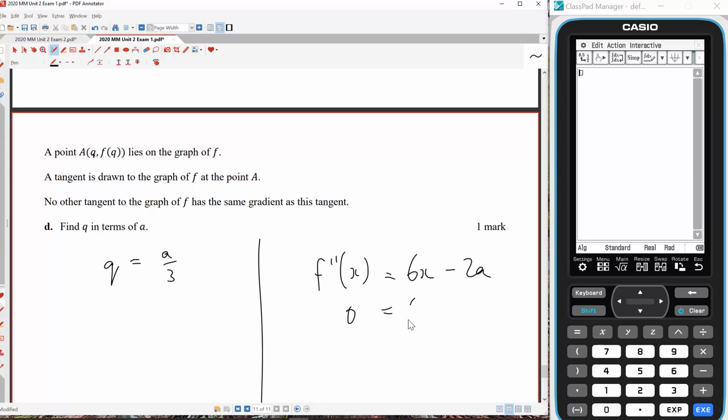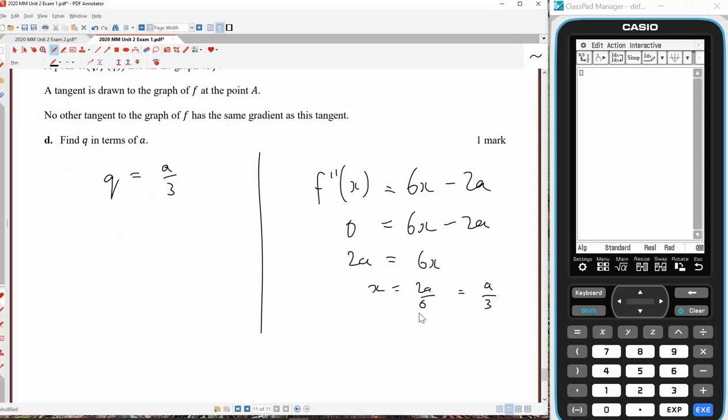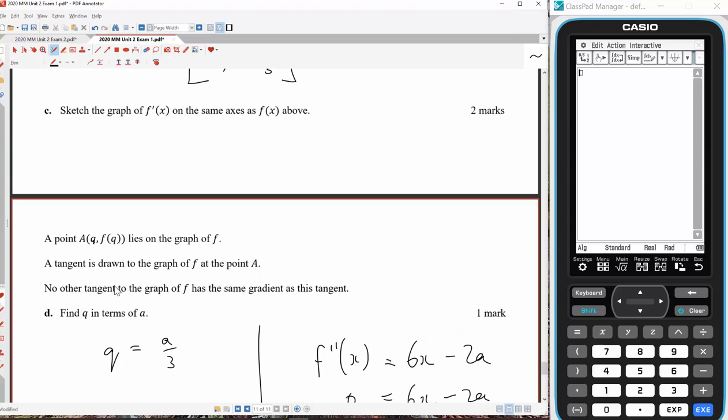And they let that equal 0. So they found out when that would be 0, which is going to be 2a equals 6x, x equals 2a on 6 equals a on 3. Therefore, Q equals a on 3.